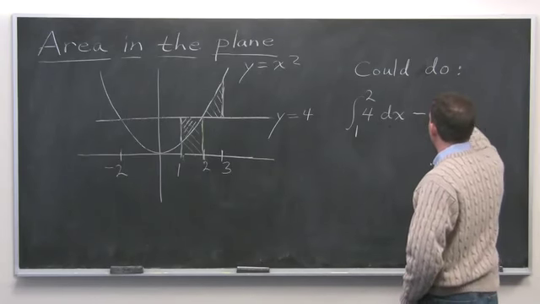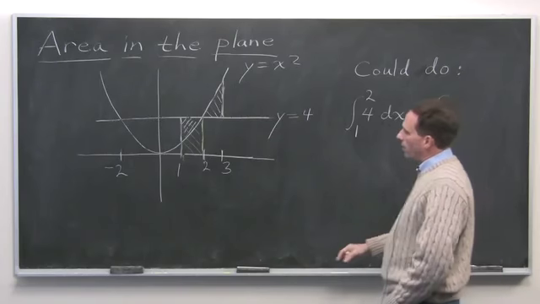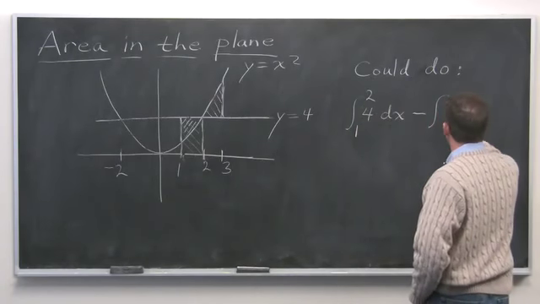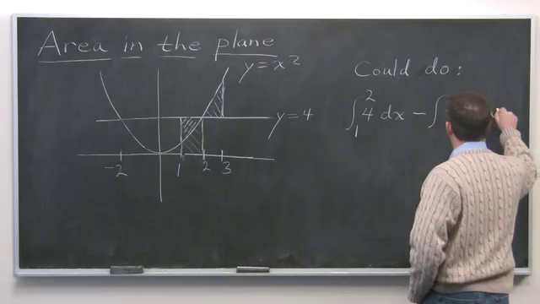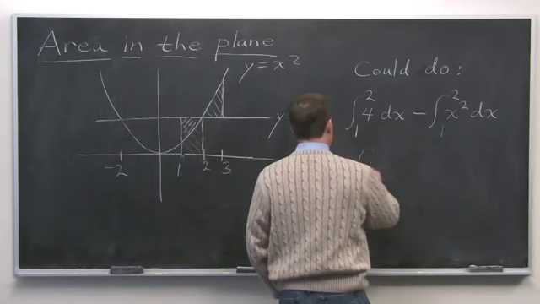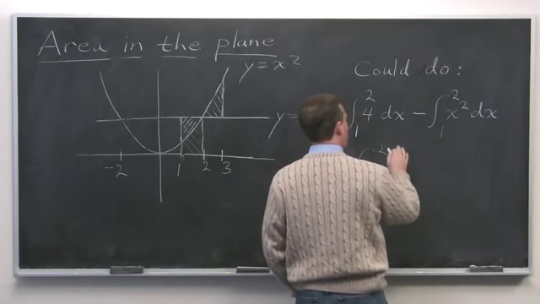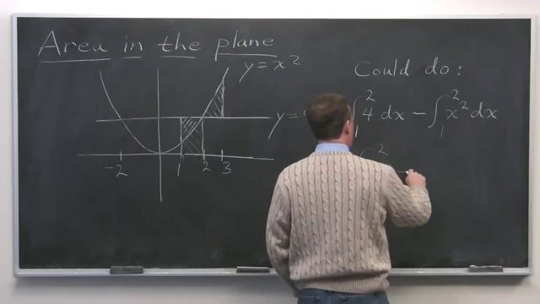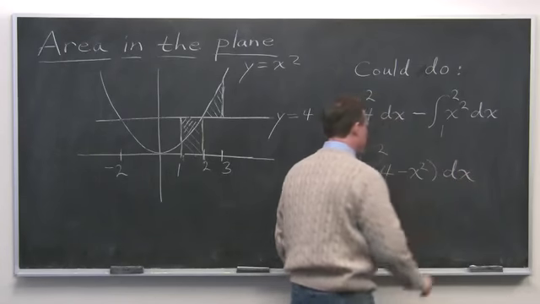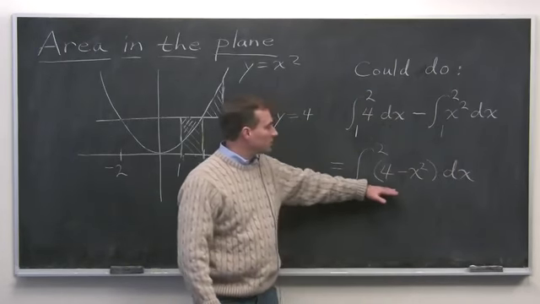And you would subtract the area below the curve y equals x squared. So that would be the integral of x squared from 1 to 2. So you could do that, and then you could subtract. It's kind of undoing what we usually do when we evaluate integrals. We have this more complicated one with the subtraction in it.